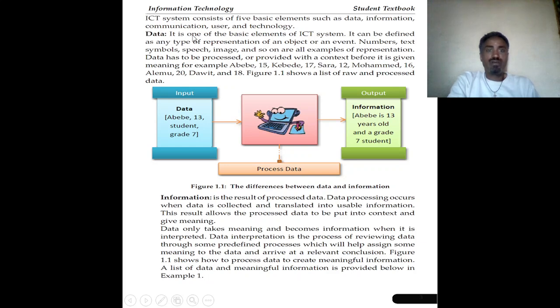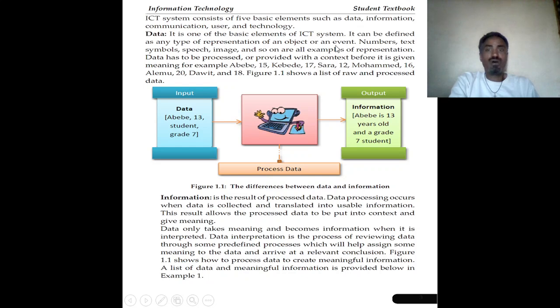What is data? Data is one of the basic elements of an ICT system. Without data, the ICT system cannot exist. Always when we say ICT system, parallel we have data. It can be defined as any type of representation of an object or an event.